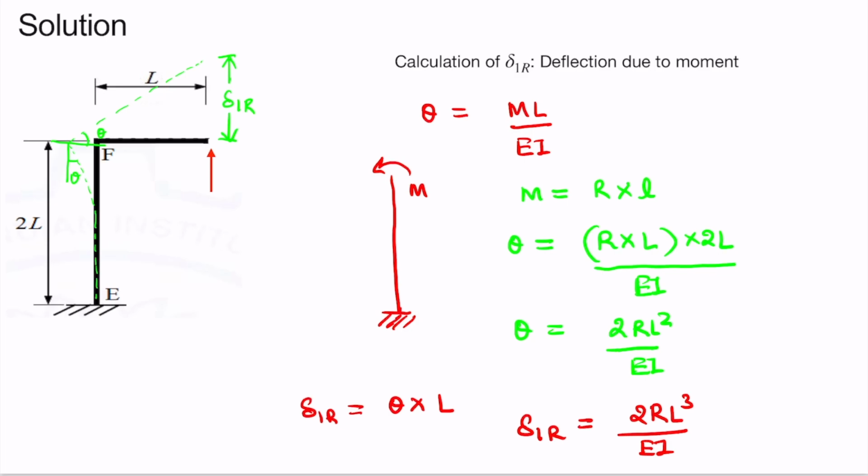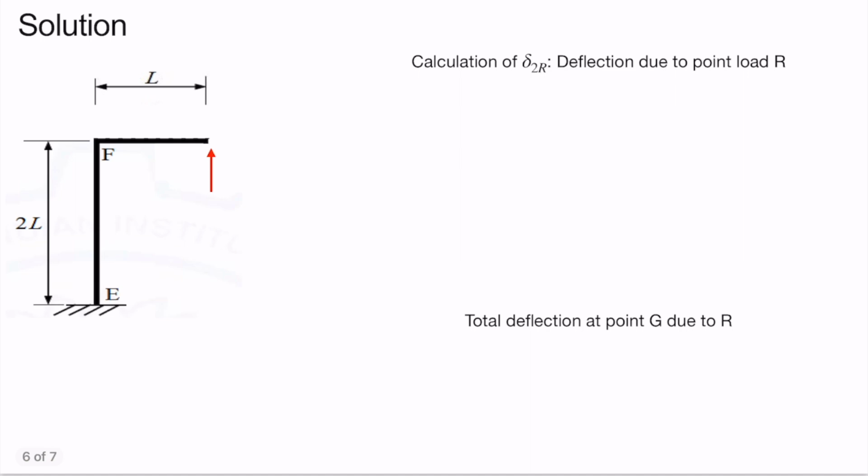Now let's calculate delta 2R. Let me draw the deflection diagram again. So this is the deflection of the column, straight line from here, and due to the point load it will again deflect like this. So this is the value of delta 2R.